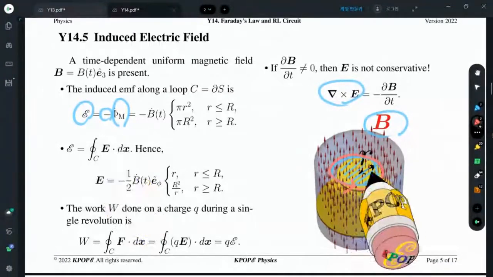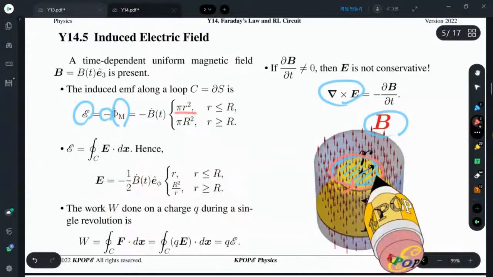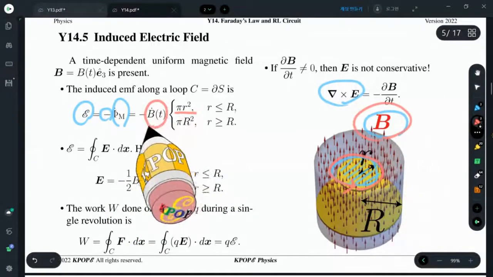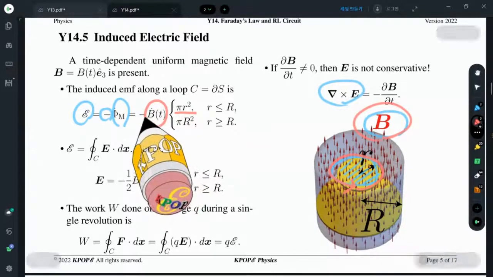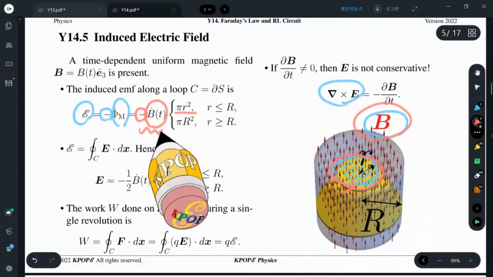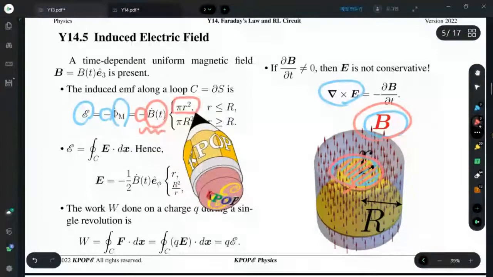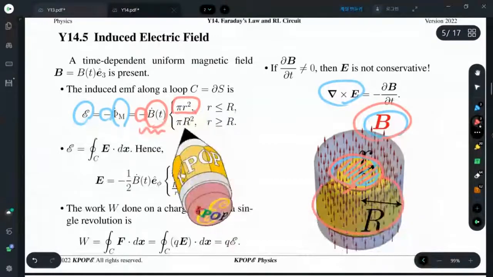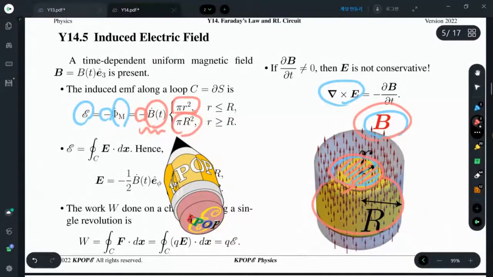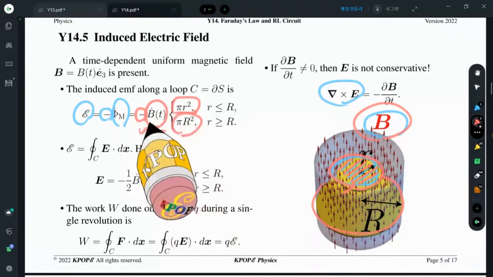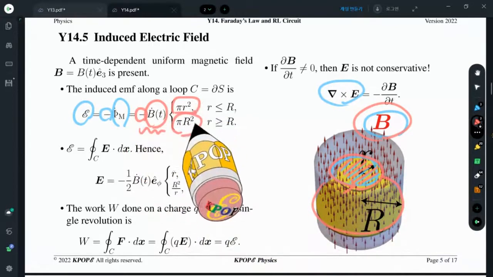First of all, if you choose this small radius, this is common: the time derivative of the magnetic field, with the negative sign factored out. Then this area is pi r squared and the total area is pi capital R squared. You will find these two magnitudes are different.